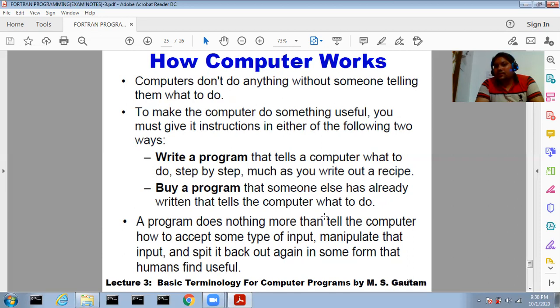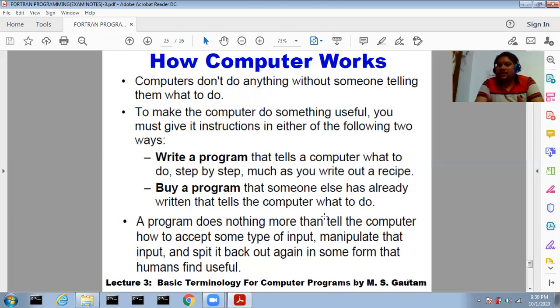So a program does nothing more than tell the computer how to accept some type of input, manipulate that input, and spit it back out again in some form that humans find useful. That means a computer program is nothing but a set of instructions given by the user, and depending upon these instructions, the computer will do some operations and find some information, and this information is given in the output section.